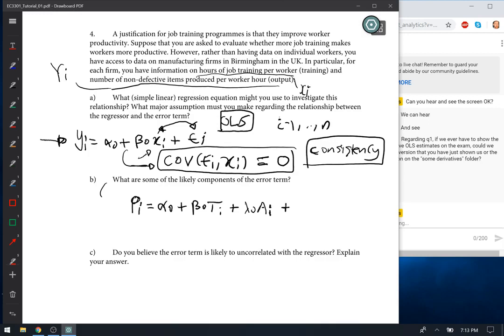You're not going to control for the fact that when they have more training, it's more likely to be in a workforce with higher ability. They could also potentially have higher underlying education and previous training levels. And it could be a better managed firm and so on.